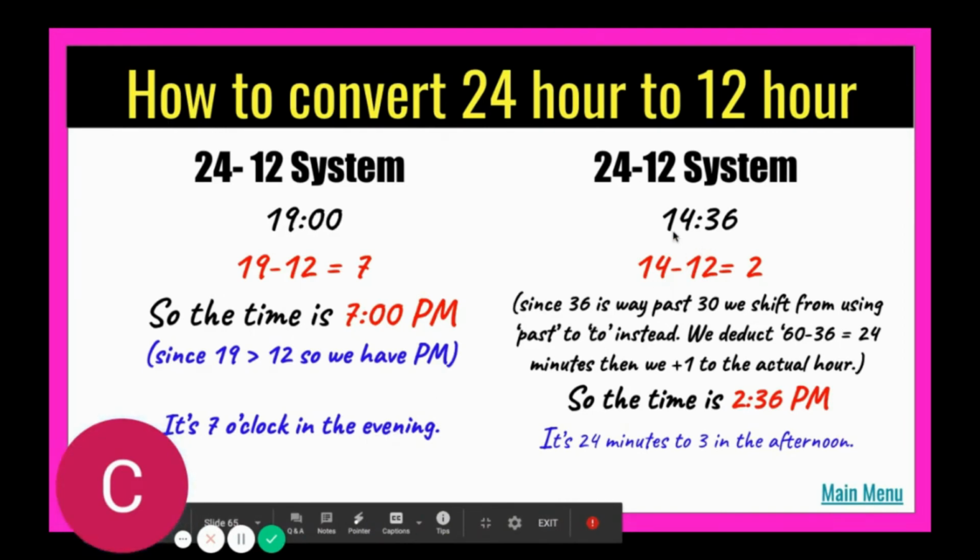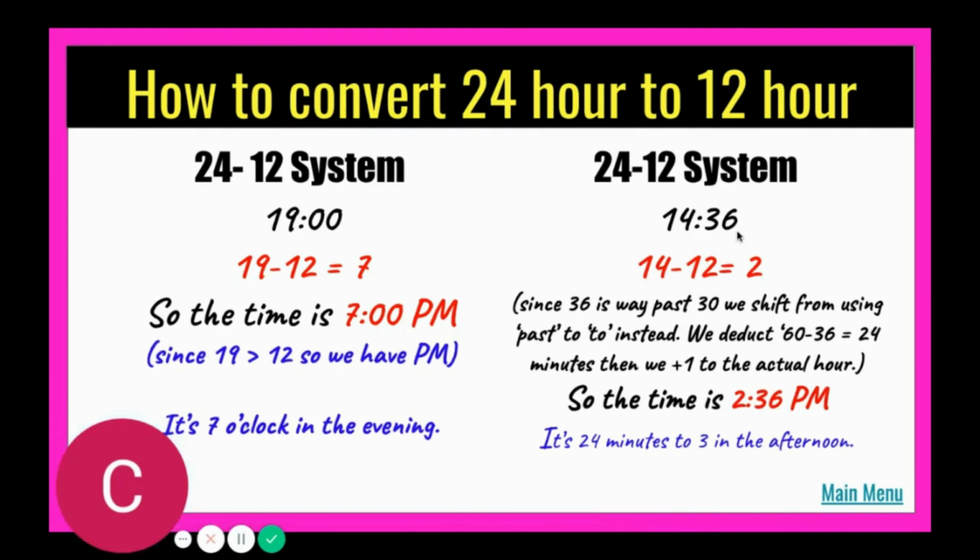Right over here we have 1436 hours. So we have 14 minus 12 equals 2. Since 36 is past 30, we shift from using past to to instead. So we deduct 36 minutes from 60, which is 24 minutes.